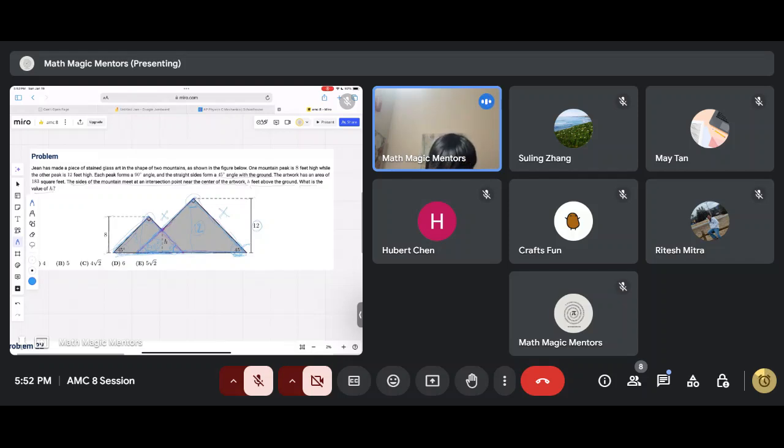This must also be 45 degrees because 12 is the height of the triangle. So this is also 45 degrees, and this is also 45 degrees. So if this is 45 degrees, and this is also 45 degrees, then this side must also be 12. Does that make sense?